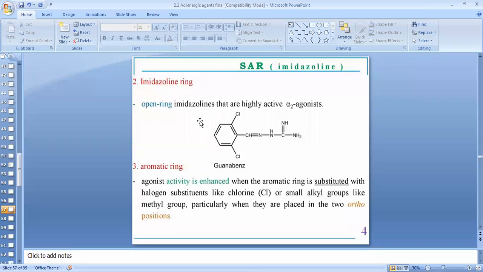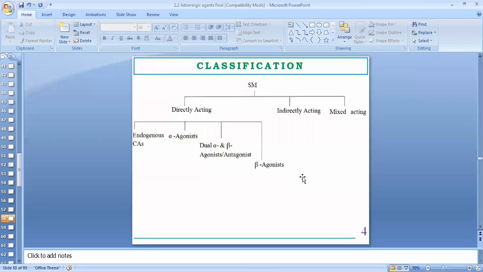If we make such substitutions in the aromatic ring with halogens at ortho positions, they give adrenergic receptor agonist activity.